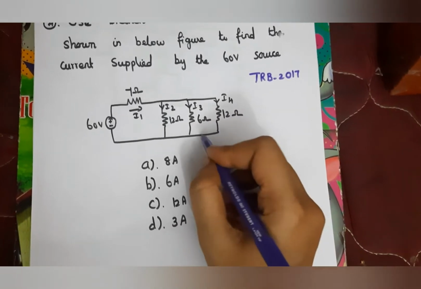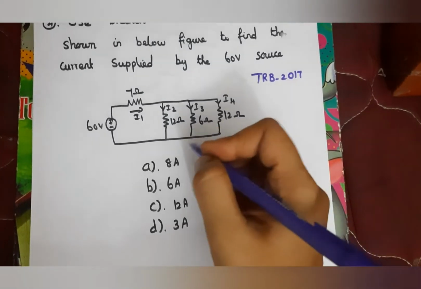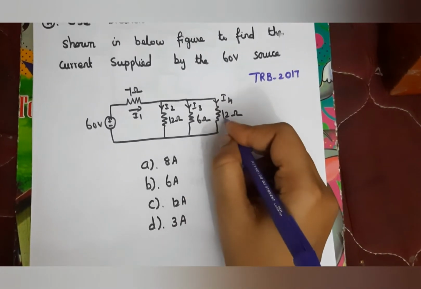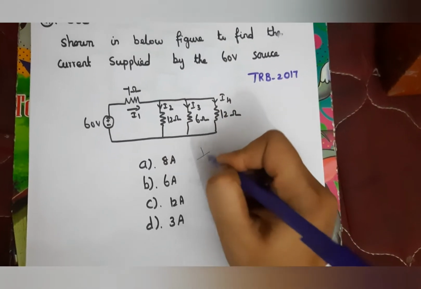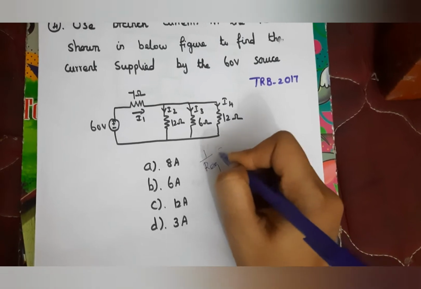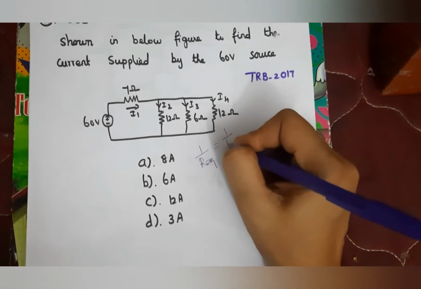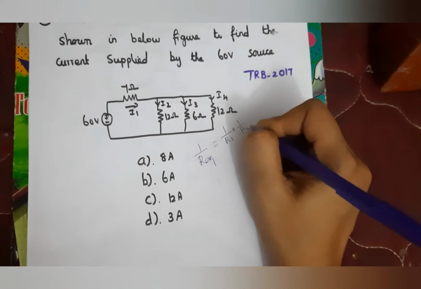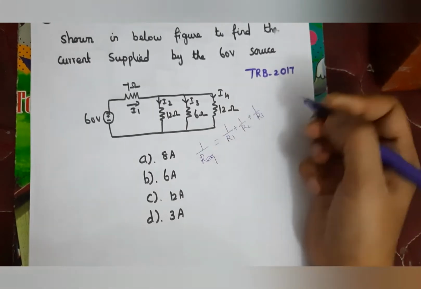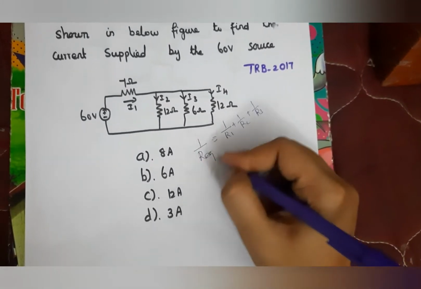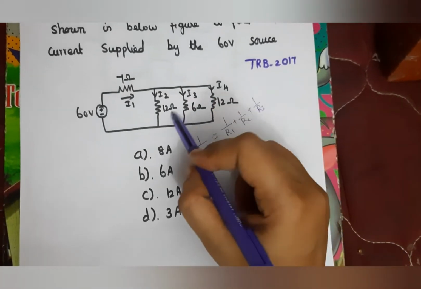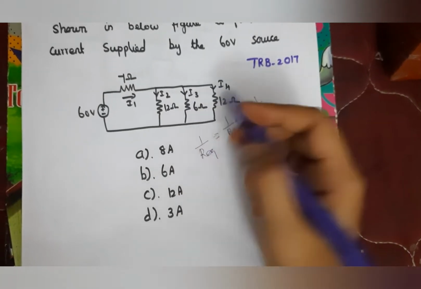So a parallel connection can be reduced using the sum of the reciprocals of the resistances and taking the reciprocal again to find the R equivalent. So 1 divided by R equivalent is equal to 1 by R1 plus 1 by R2 plus 1 by R3. Again we have to take the reciprocal to find this R equivalent. So here these three resistors are connected in parallel.